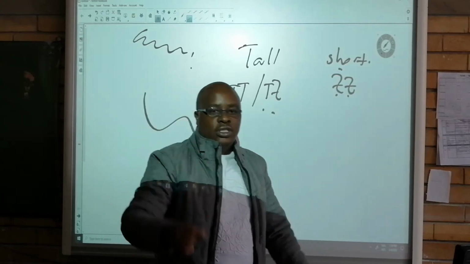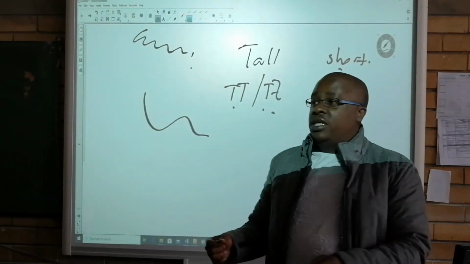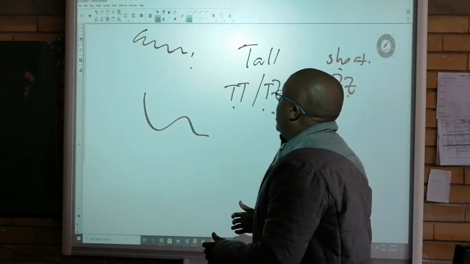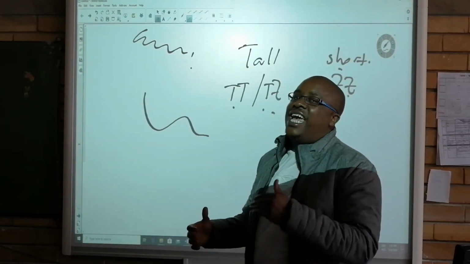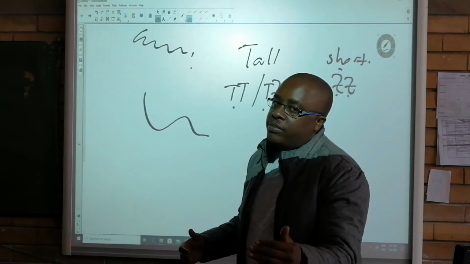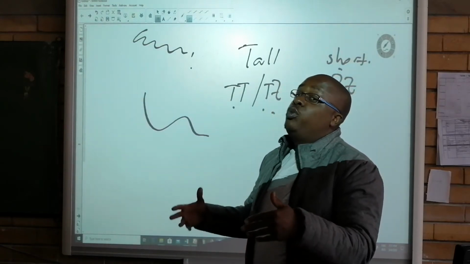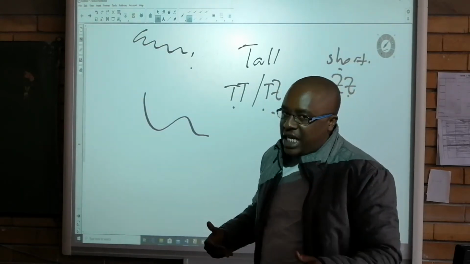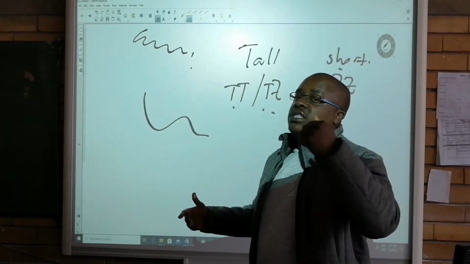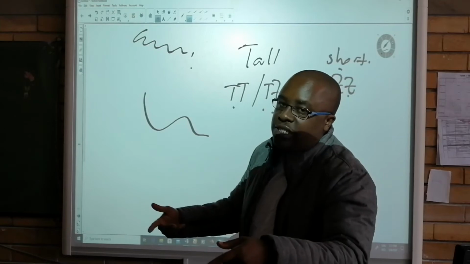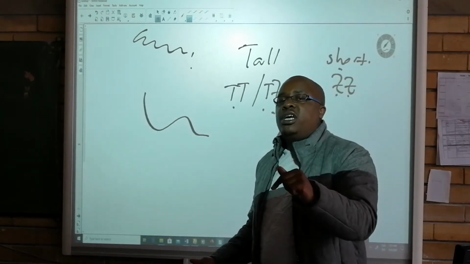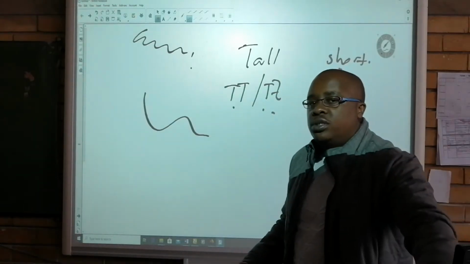So in a test cross, what we're basically doing is that we are taking something that has a known phenotype, but we don't know the genotype. And we're crossing it with something that has a known phenotype and genotype. And then we observe the offspring that are produced.